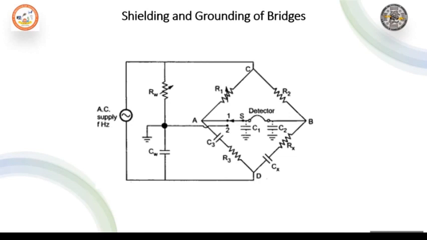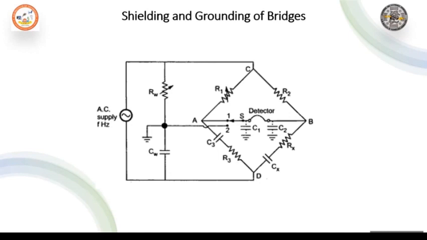The resistance RW of the Wagner connection is now adjusted to get the minimum sound. The switch is again thrown back to position 1. There is some imbalance present now. The resistances R1 and R3 are then adjusted to get the minimum sound. This procedure is repeated till a null is obtained at both switch positions 1 and 2.